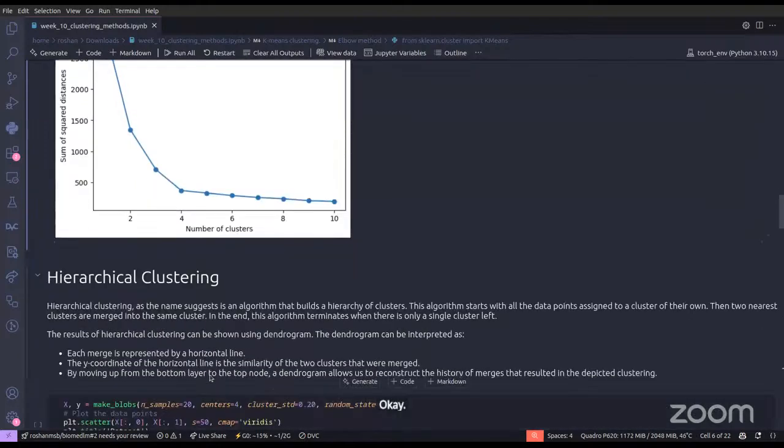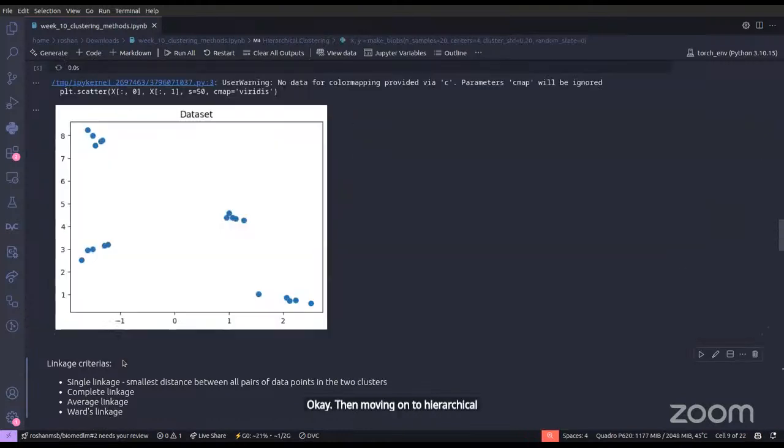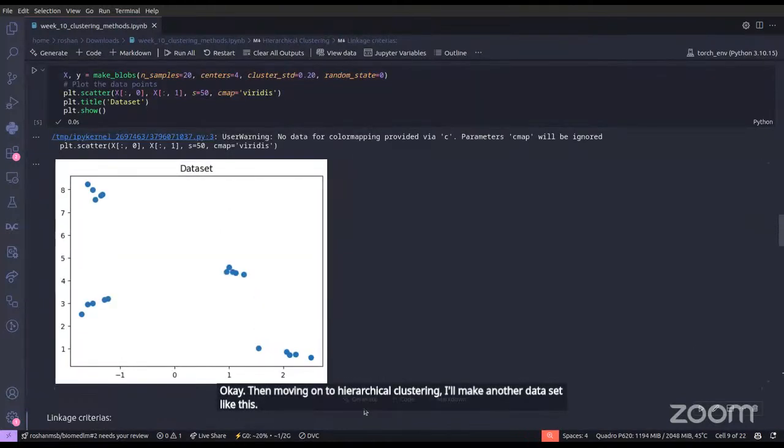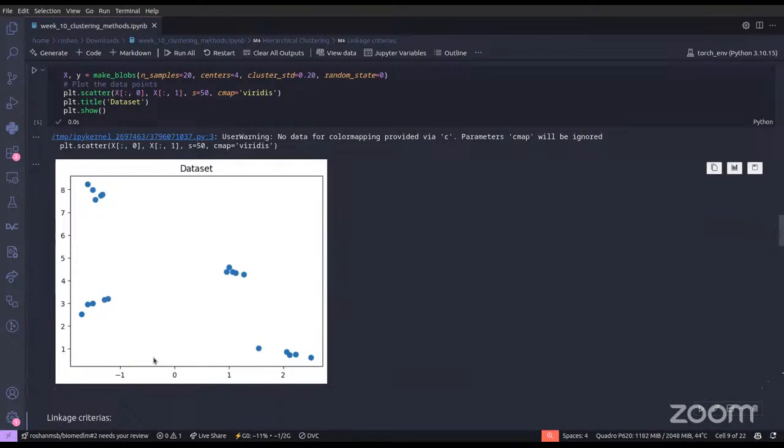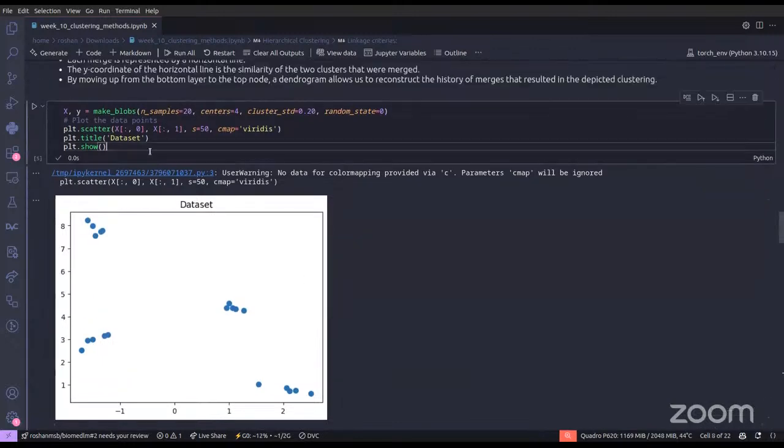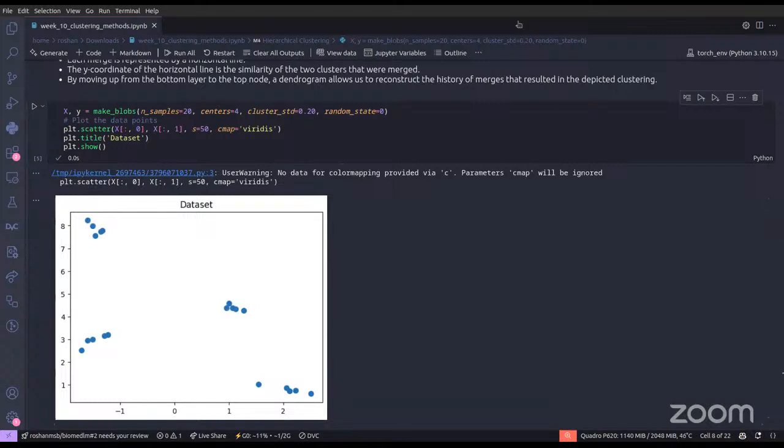Then moving on to hierarchical clustering, I'll make another data set like this. So in this, how many clusters are possible?